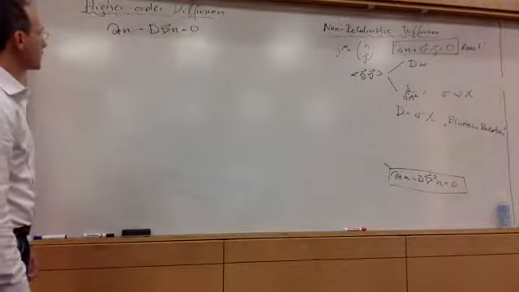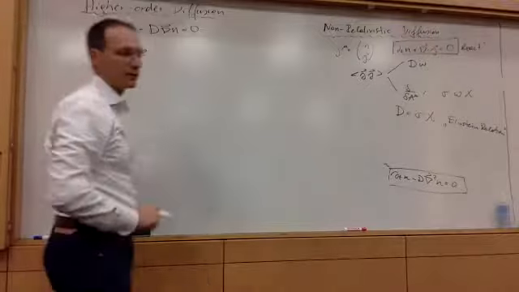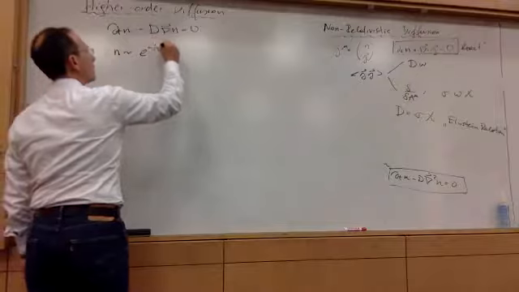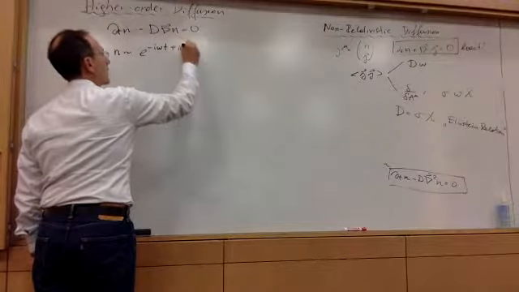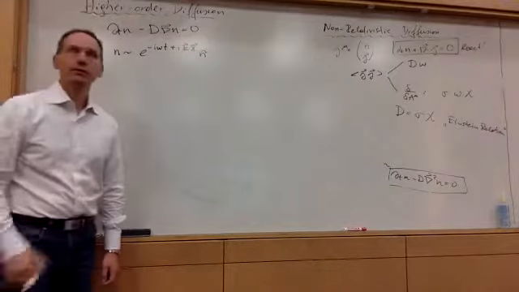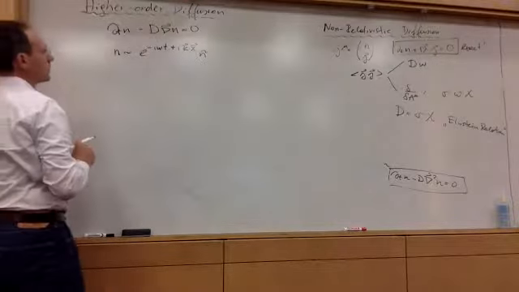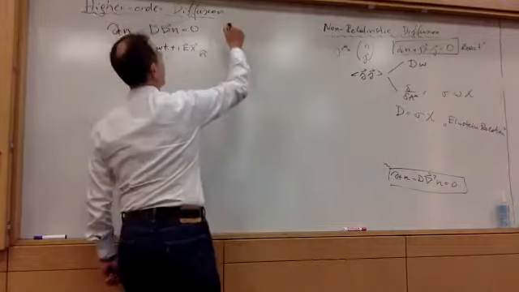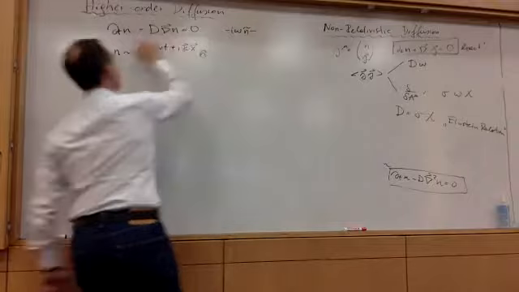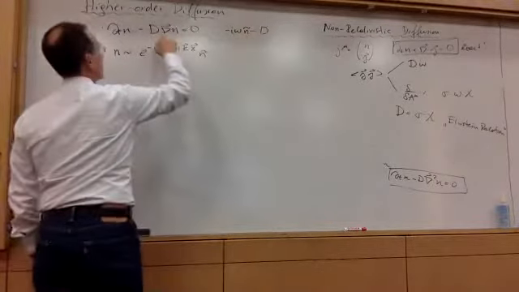The easiest way to get at this is to go to Fourier space. We're going to have n proportional to, let me see, what are my conventions here, e to the minus I omega t plus I p dot x, times n twiddle. Twiddle is the Fourier transform of my charge density. We plug this into the equation, and we find minus I omega n twiddle minus d, which I take to be constant, times the derivative of n.